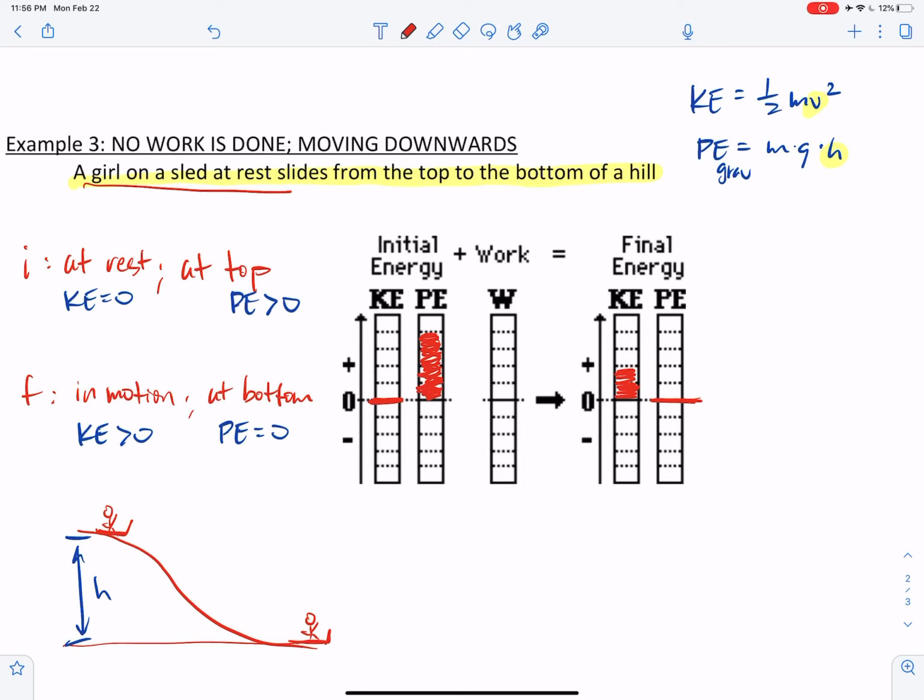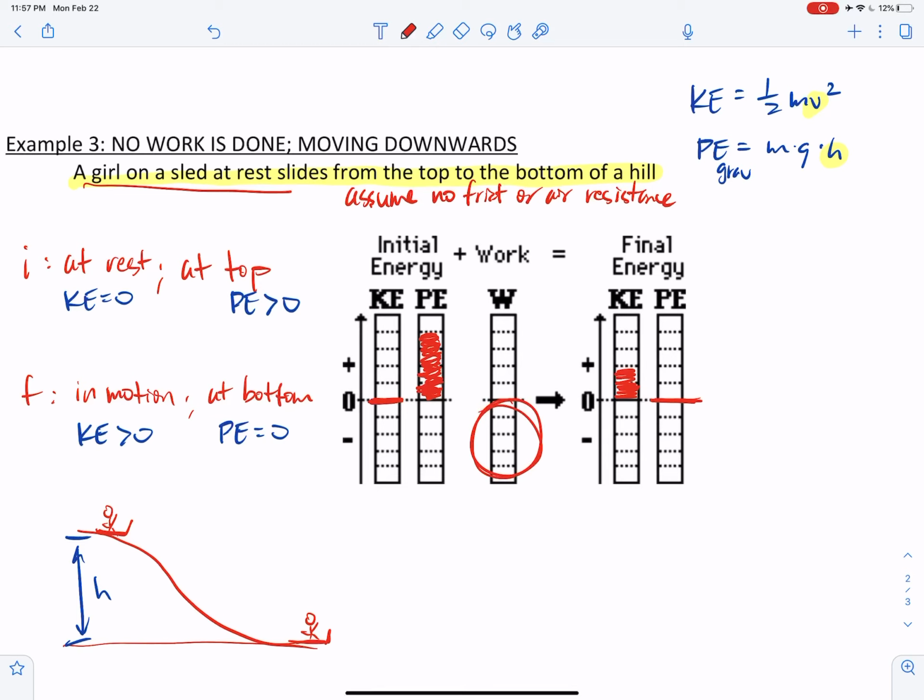So since it doesn't specify if there's friction from the snow or whatever, or if we should consider air resistance, I'm going to assume no friction or air resistance. Okay, and if there's no friction or air resistance, then there would be no negative work done.